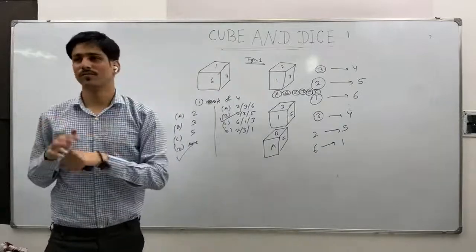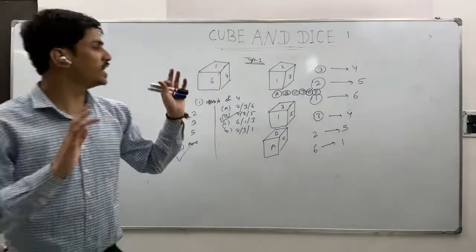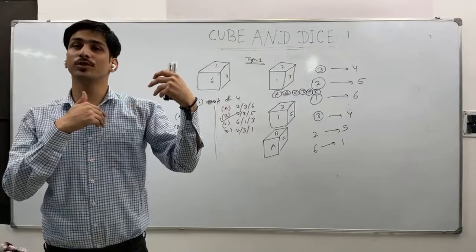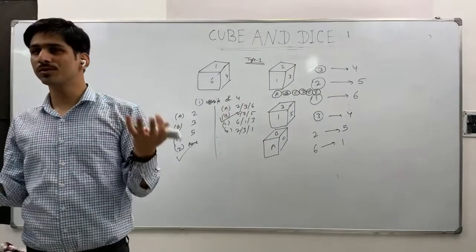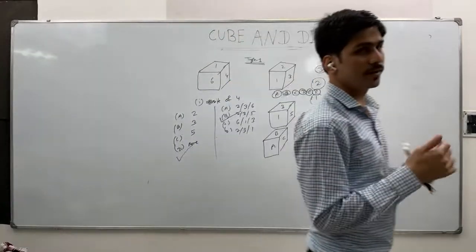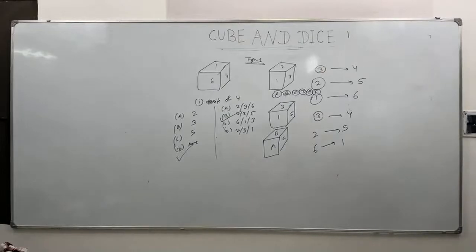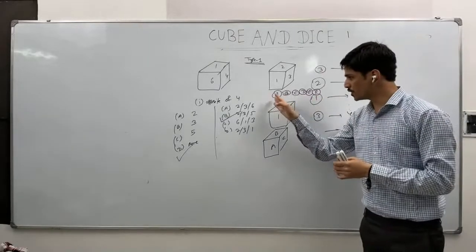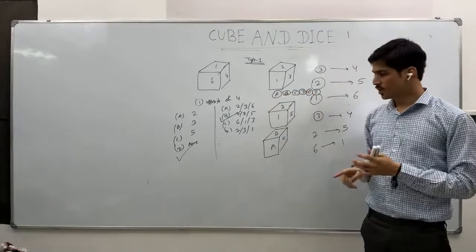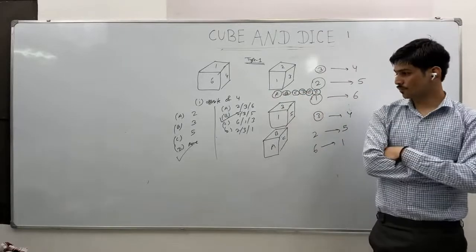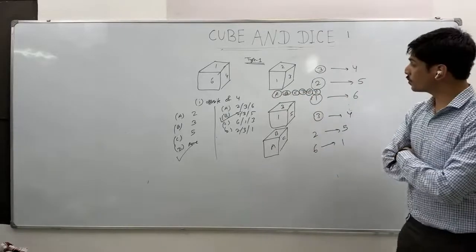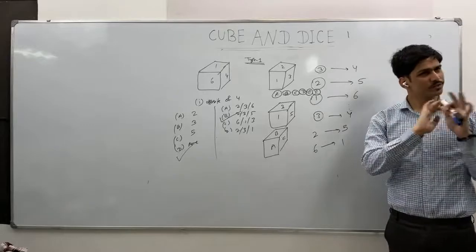Consider this as a number. Are you getting my point? Let's say A corresponds to 1, B corresponds to 2, C corresponds to 3. Now what will be the opposite of A? F. Clear? A corresponds to this: 1, 2, 3, 4, 5, 6. What will be the opposite of B? E, right? What will be the opposite of C? First one is clear, right?